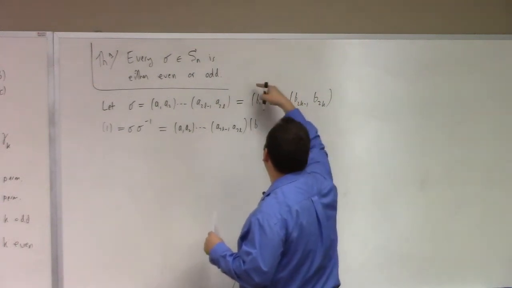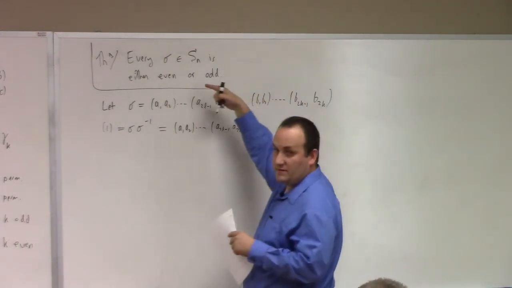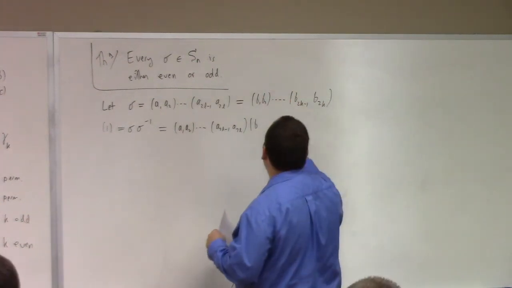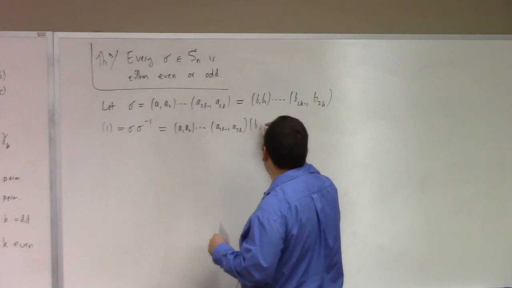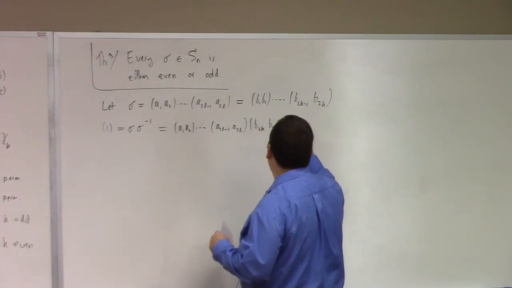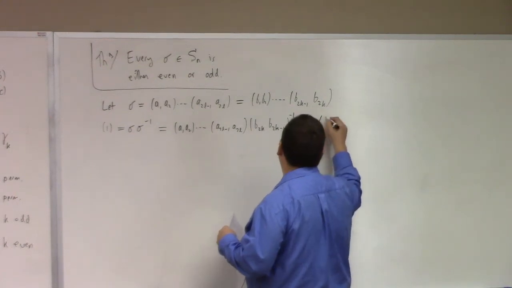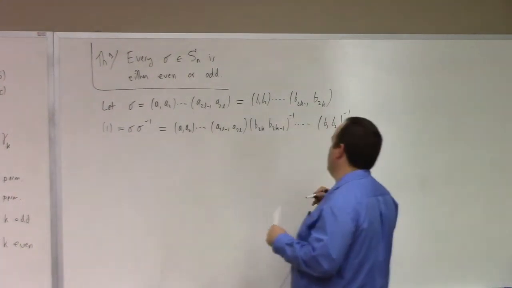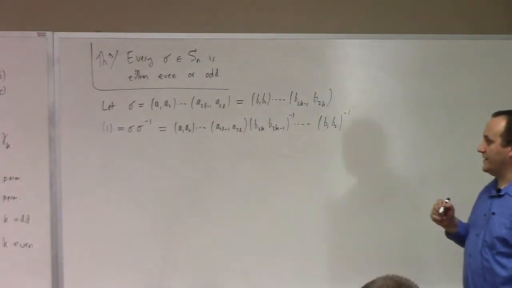So remember what happens if you've got a product and you invert it? The inverse is in opposite order, right? So this is like b2k minus 1 inverse, and so forth, b1, b2 inverse, right?